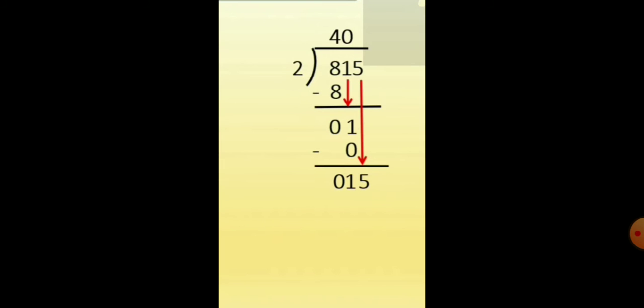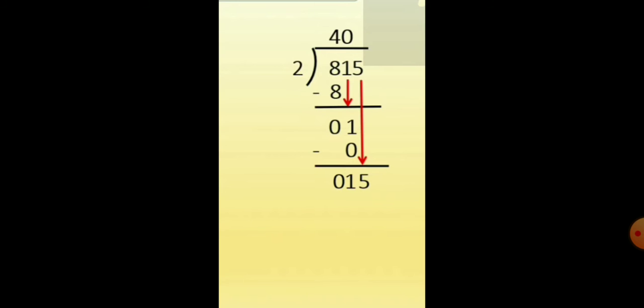Now, as I do not get the remainder 0, my remainder will be 1. My next number is 5. Here 5 is not an even number, that is, it will not come in the table of 2.